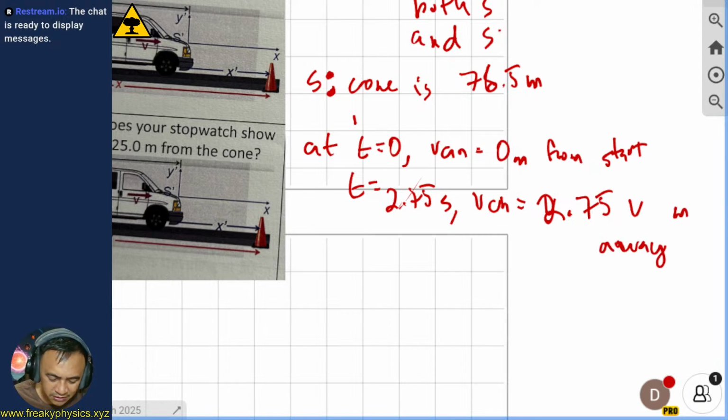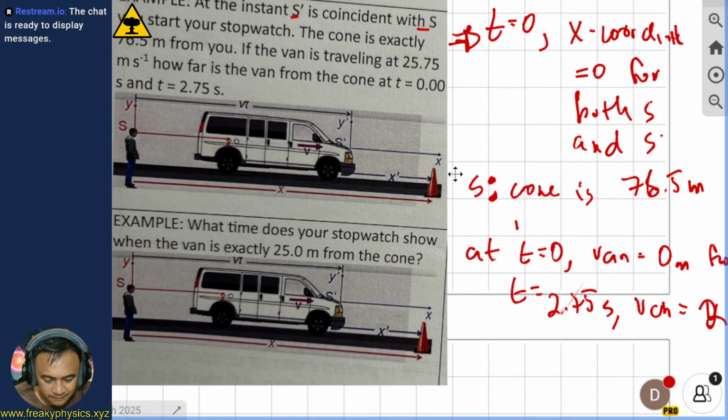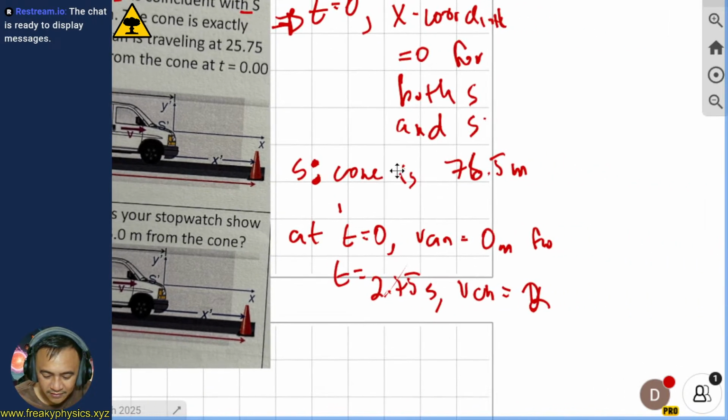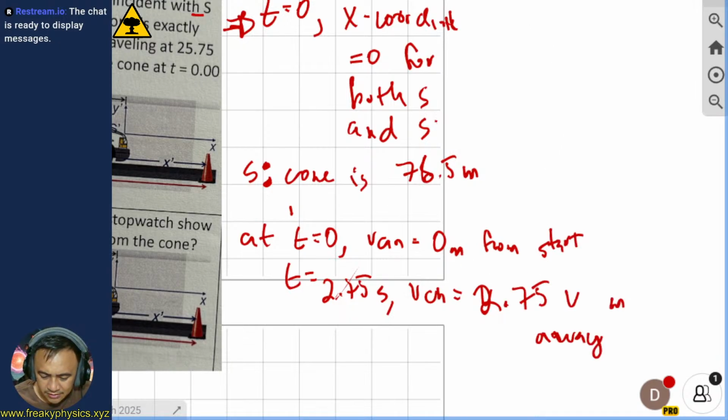Does it say what the speed of the van is? Yes, it's 25.75. So let's put that in here.